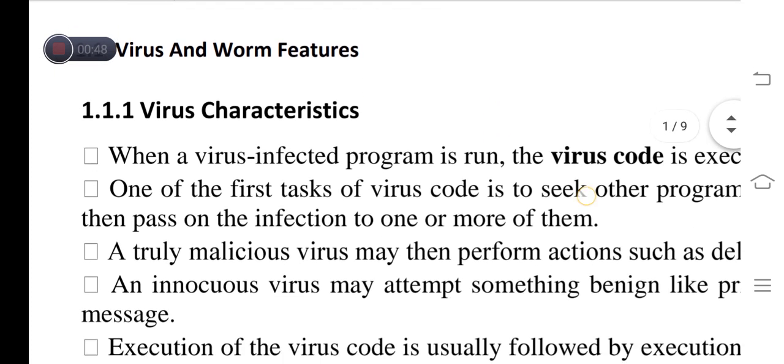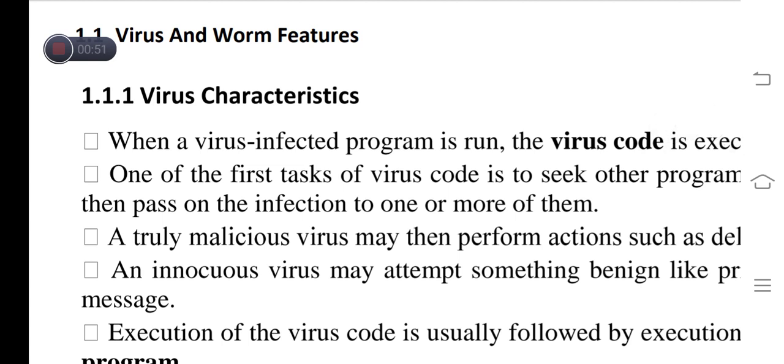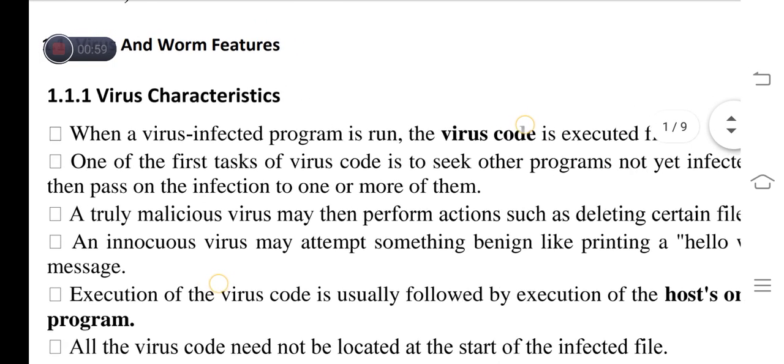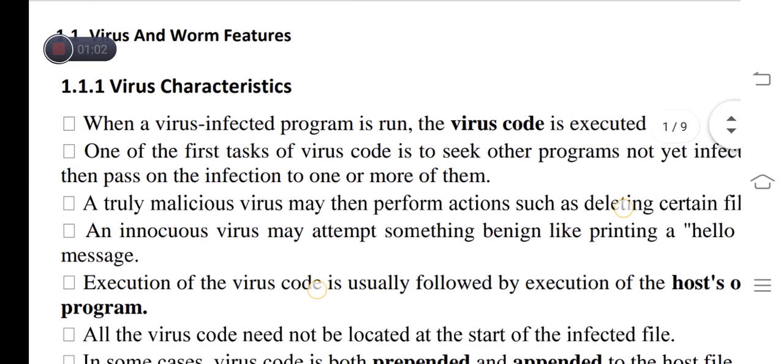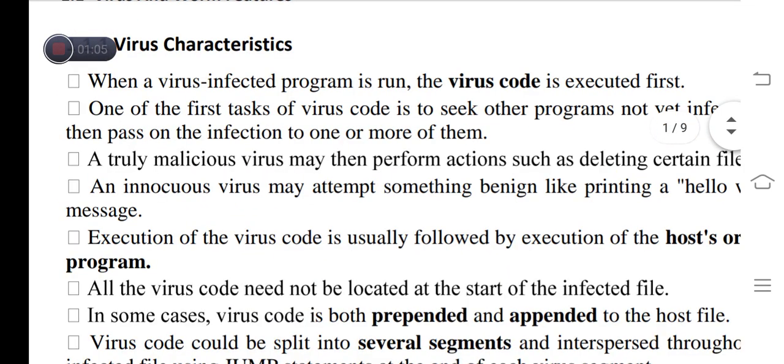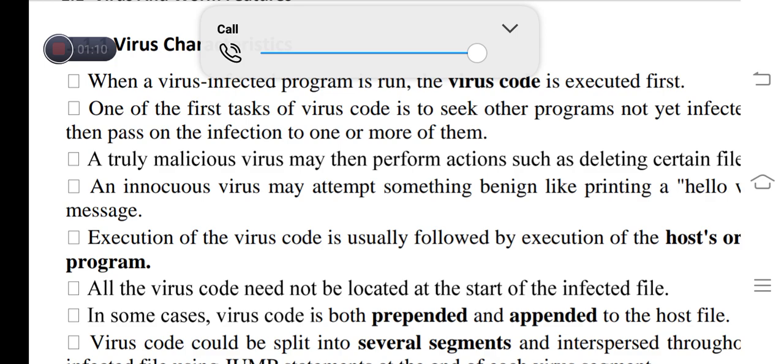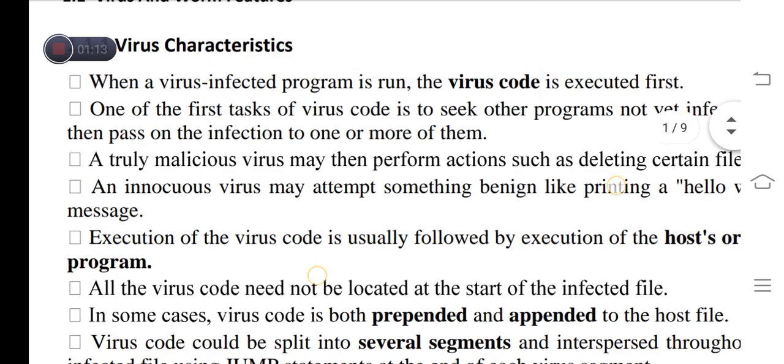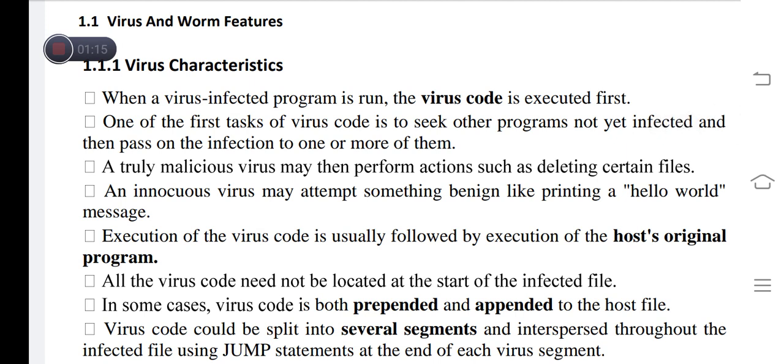So the characteristic of the virus is that if we have a virus-infected program and it is run, the first thing that happens is the virus code will get executed. Okay. So one of the tasks of the virus code is to seek other programs which are not yet infected and then pass the infection to them. Okay, that is, one or more of them will get infected by the virus.